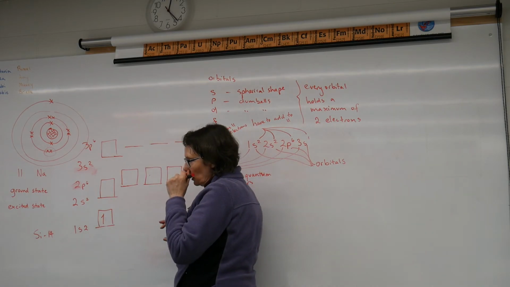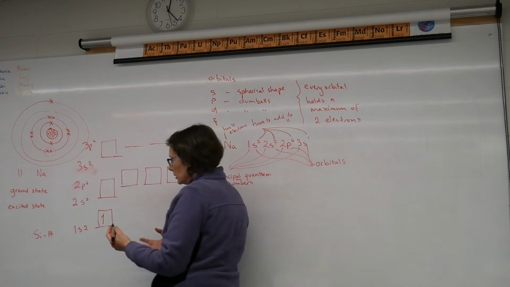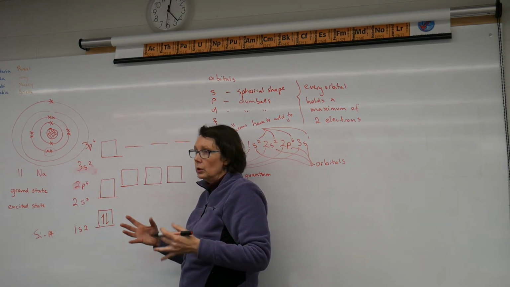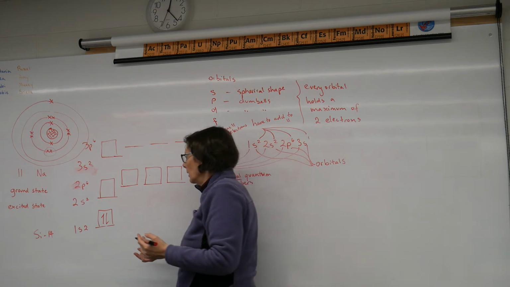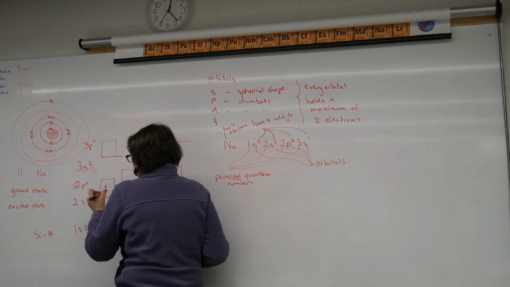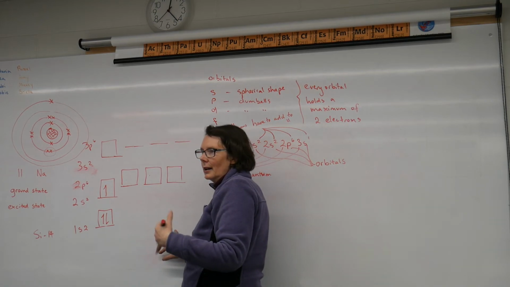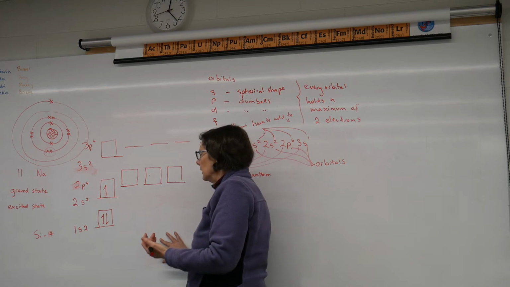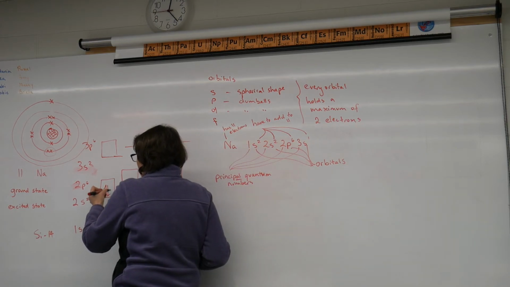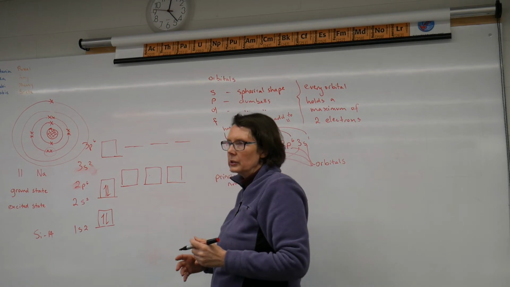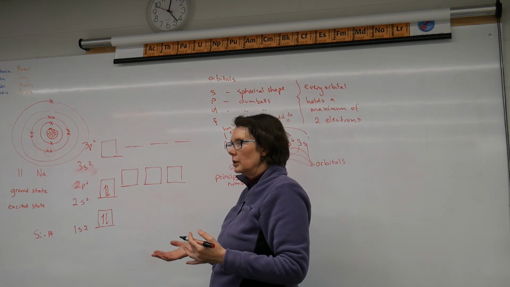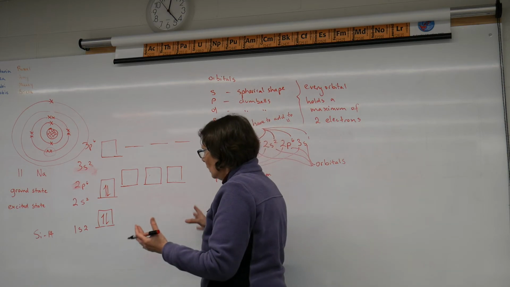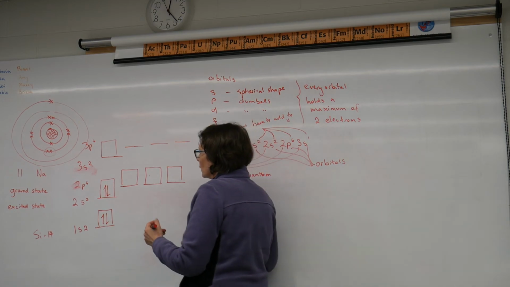First the electron goes in closest to the nucleus. Second electron goes in closest to the nucleus with the opposite spin. Third electron goes into the next closest orbital, which is the 2s orbital, and the fourth electron goes in with it because, again, it's closest to the nucleus and therefore it has to go in with the opposite spin. We've got 4 electrons in, we've got 10 to go.